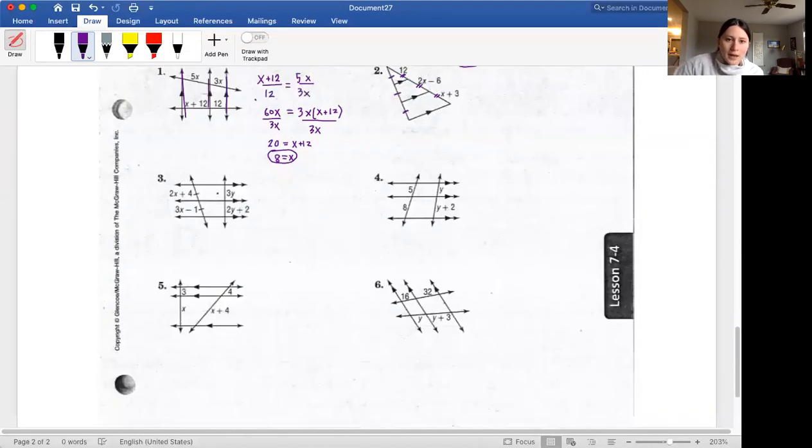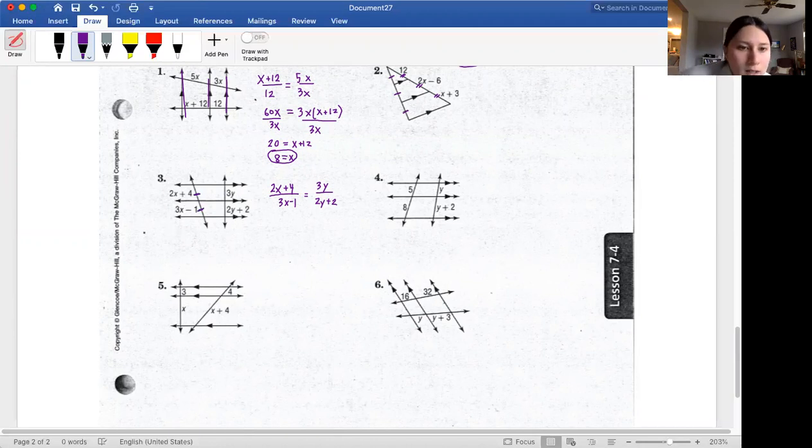Okay, so looking at my parallel lines as my fraction bar, I can set them over each other. Equals, ooh, I've got x and y. So let me double check my problem. Oh, this is nice. I've got these two parts being equivalent. So really what I could say is 2x plus 4 is equal to 3x minus 1.